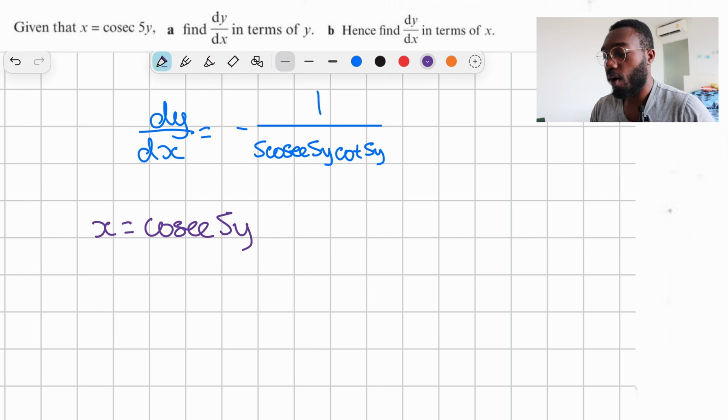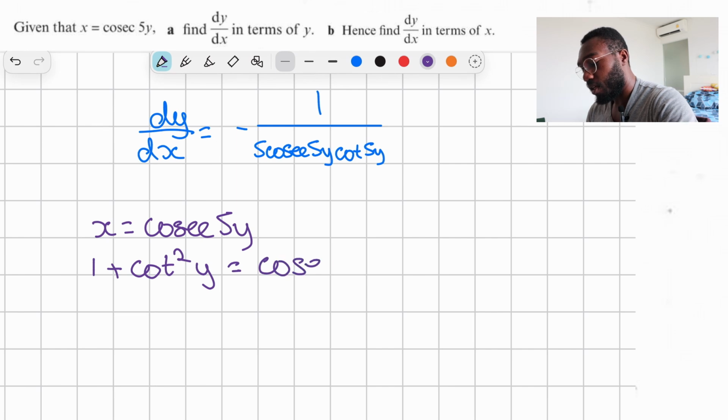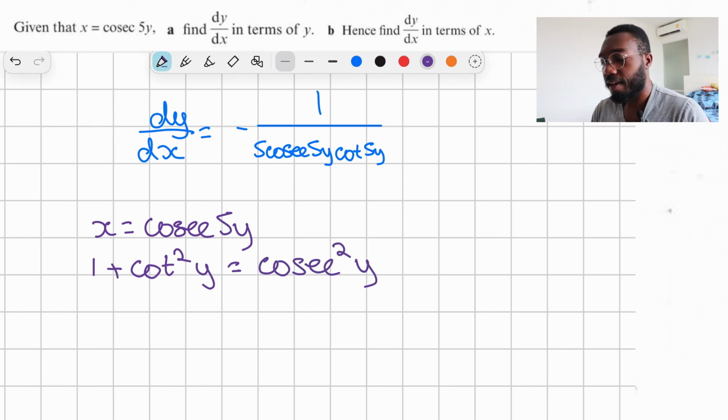With that cot 5y, well, this is a trig identity. The trig identity is that 1 plus cot squared y is equal to cosec squared y. So we can rearrange this and get a value for cot y.